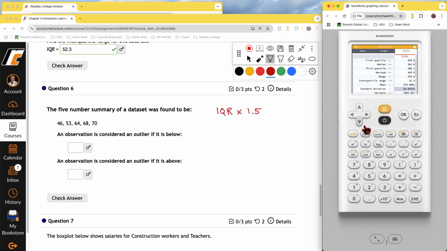Let's see, I was thinking this one would do it for us. Okay, so interquartile range. This is Q1. This is Q3.